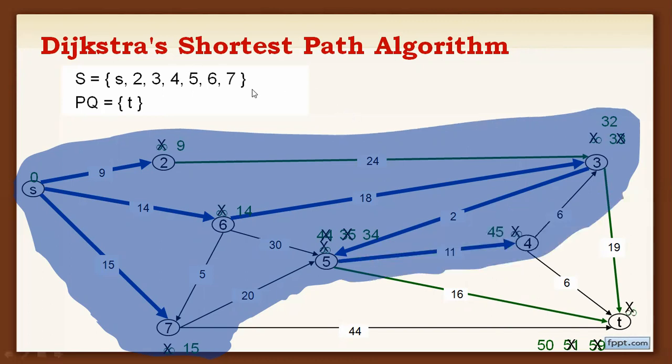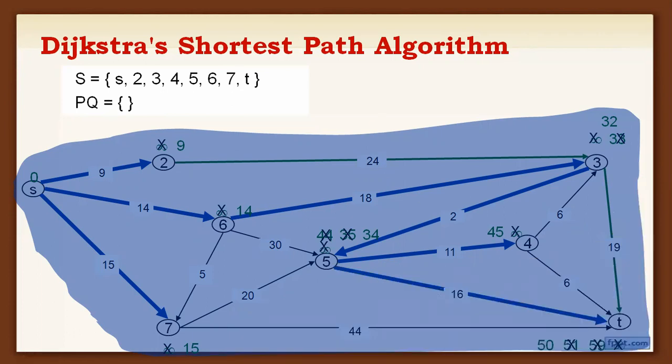Now, vertex 7 is also visited here. Next, vertex T is also visited here. So, the final cost is, if you want to move starting from source vertex to destination vertex T, the minimum cost is, in stage one there are 3 vertices.